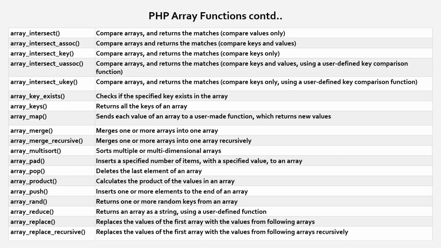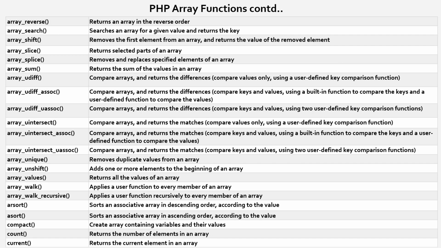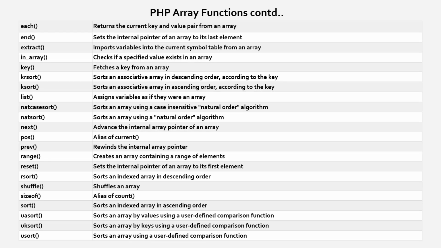This is one slide. Another slide has these functions. This also you just go through. Other functions are listed here. Then again these are the other set of functions. So please go through all of them.